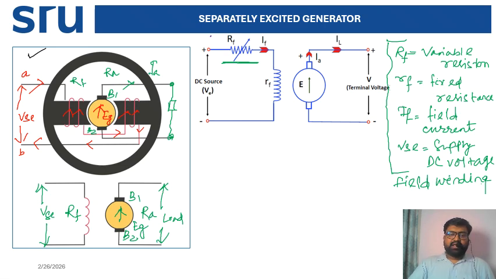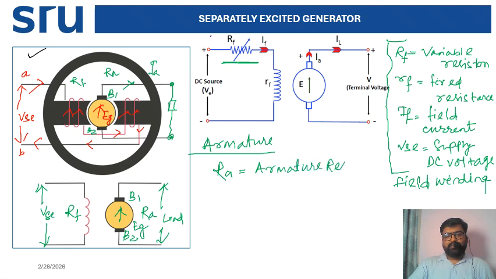Understand each terminology, then we will discuss the field winding. Then come to the armature. Armature, what are the parts? First, write down the parts. Armature winding is there, and I already mentioned there is a resistance, that is your armature resistance. Then the next part is your current IA.